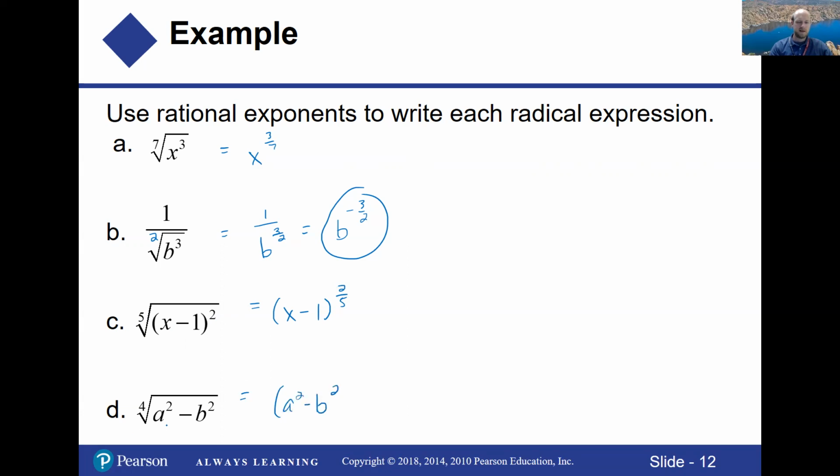I put the entire expression a squared minus b squared in parentheses. And then this whole thing would be to the power of 1. And again, the 4 is on the outside, so that goes in the denominator of our fraction. So let me just circle these. Those are all of your answers for those. So just a few examples there.